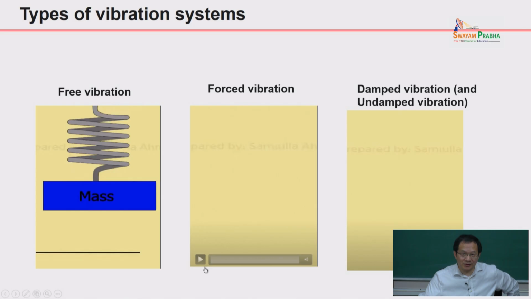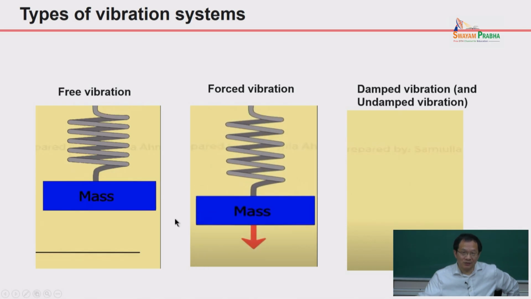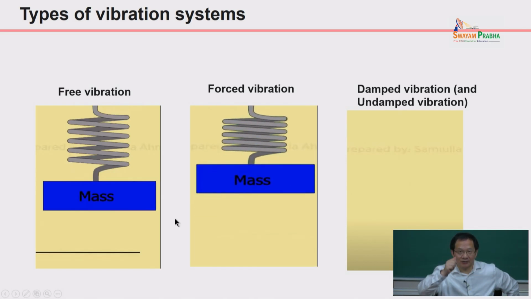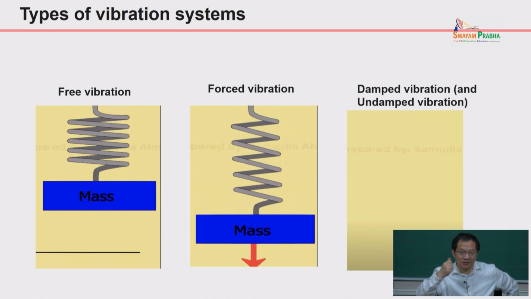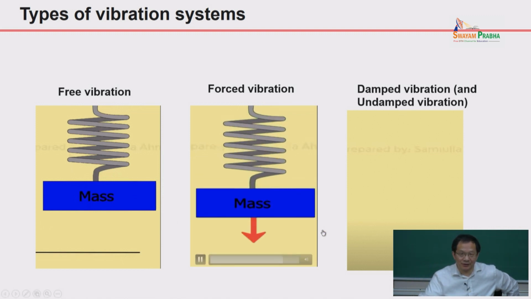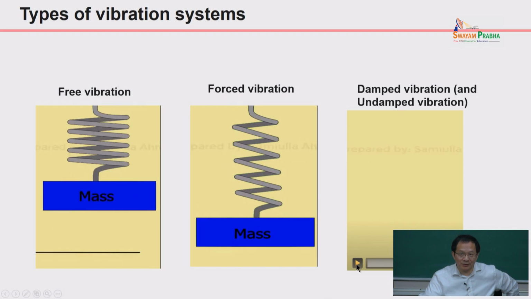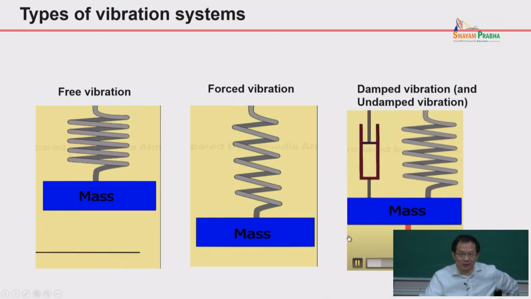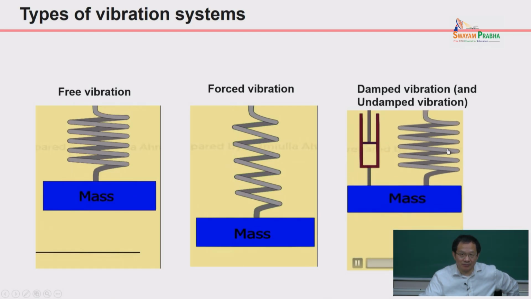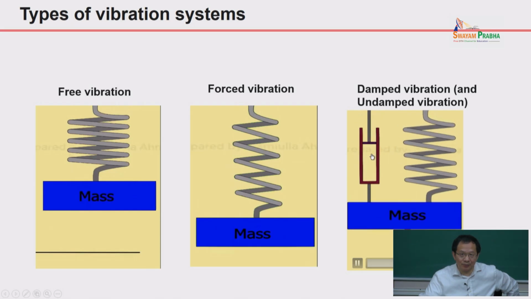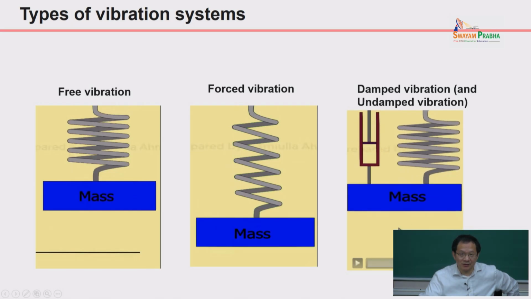Forced vibration is when you have a force acting on it, and a harmonic force is always like that. This is forced vibration, right? And then damped vibration: in addition to the spring mass, you have a damper, which dissipates energy. The vibration here is quickly reduced.